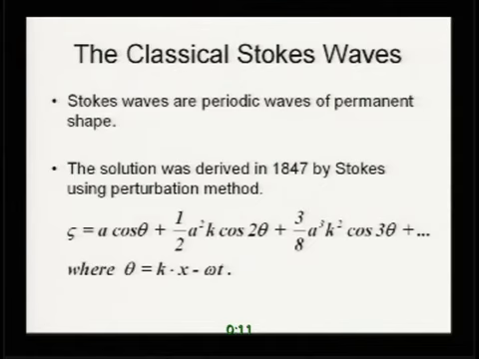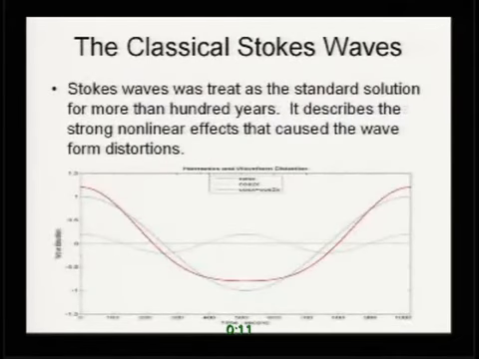And this is very important, and very impressive at that time, because the Stokes wave became the standard solution for 100 years. It describes nonlinear properties. See, if I have a cosine wave, this curve is cosine theta, this is cosine 2 theta.